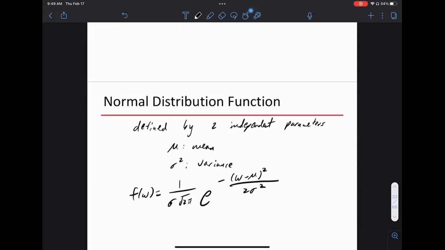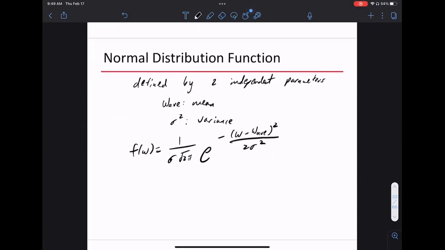Okay, so this is our normal distribution. Actually, let me be more standard here. I'm going to use the average value. This is your normal distribution. You can look it up anywhere. This is the most well-studied distribution in probability, for good reason.